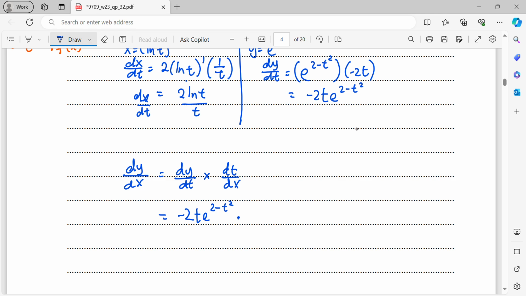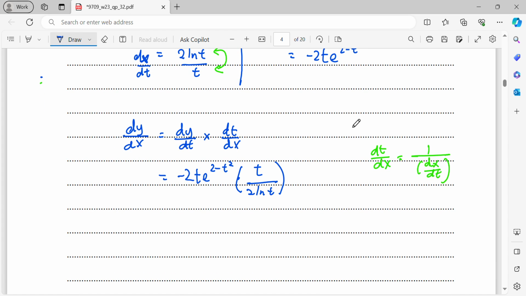For your information, we have found dx over dt here, and then we need dt over dx. So dt over dx is basically 1 over dx over dt. That means now I have to switch the numerator and denominator, so it's going to be t over 2 ln t.